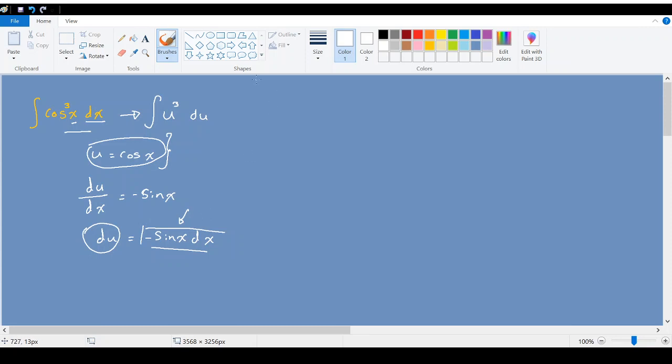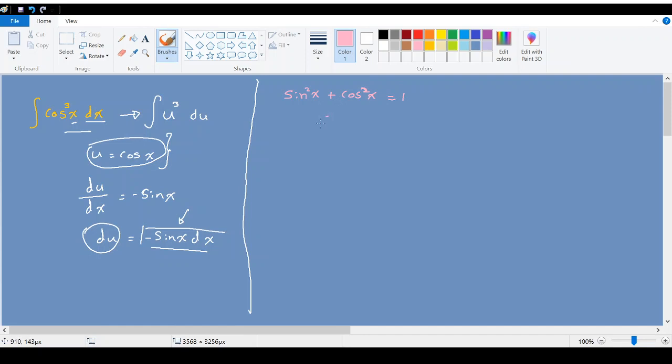So instead, we can still use the same substitution, but before going for that substitution, we should make some rearrangements for the initial problem. For that rearrangement, we make use of the standard trigonometric identity, which is sine squared x plus cos squared x equals 1.